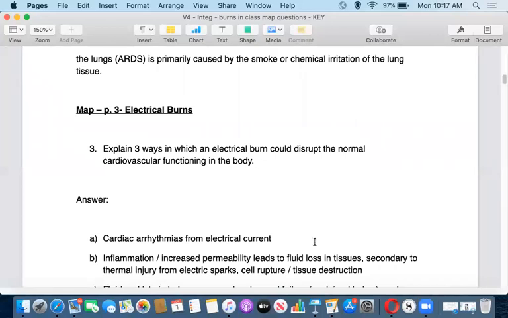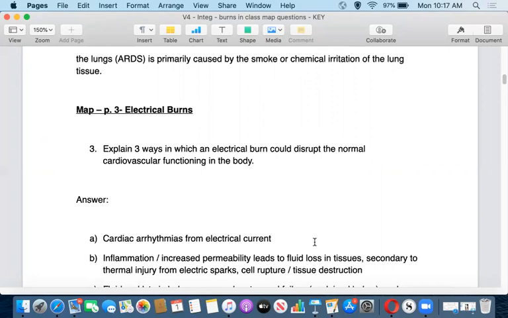So whenever you have tissue injury, which again could be from heat, that's thermal, or it could be from electricity, which could damage cells and tissues. And of course, electrical burn again can involve both thermal and electrical activity. So in either case, you've got damage, which leads to inflammation.